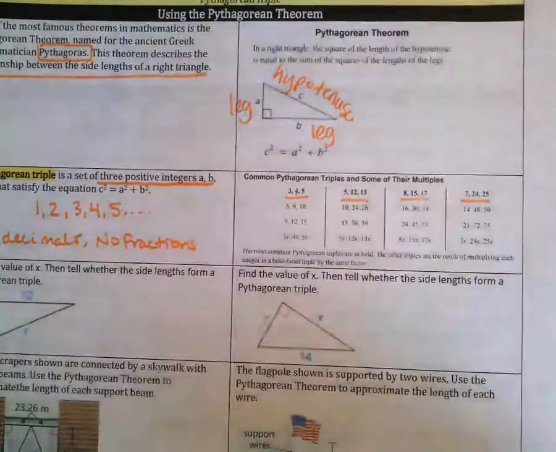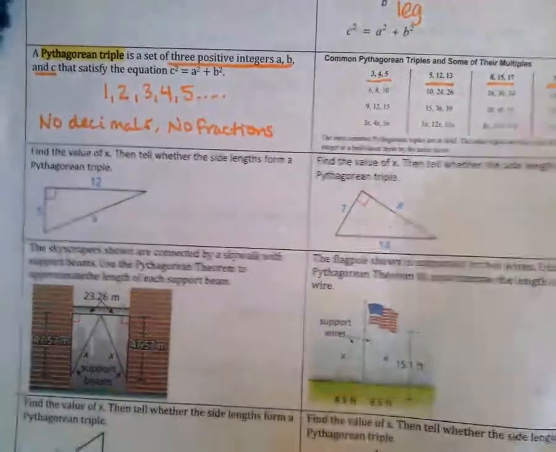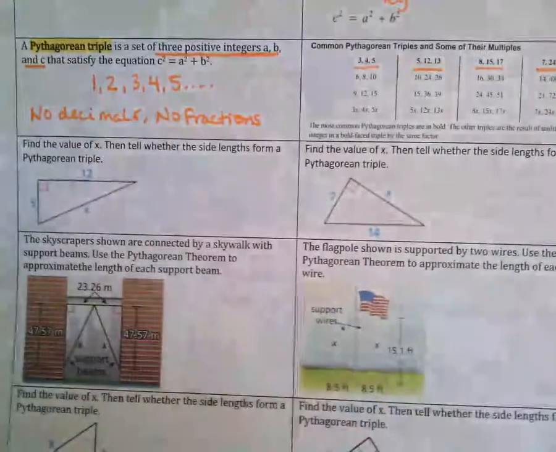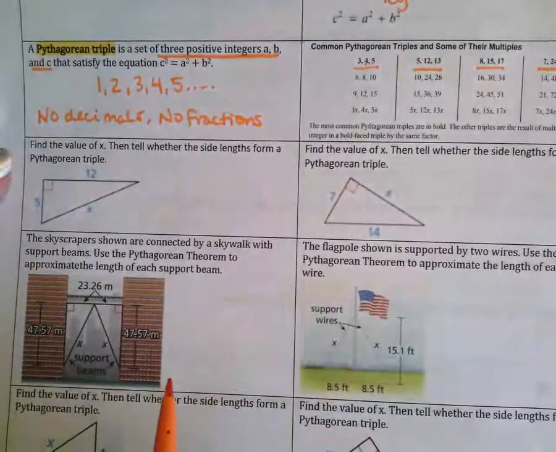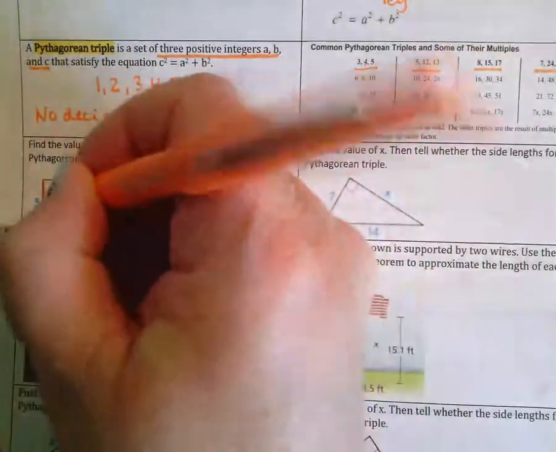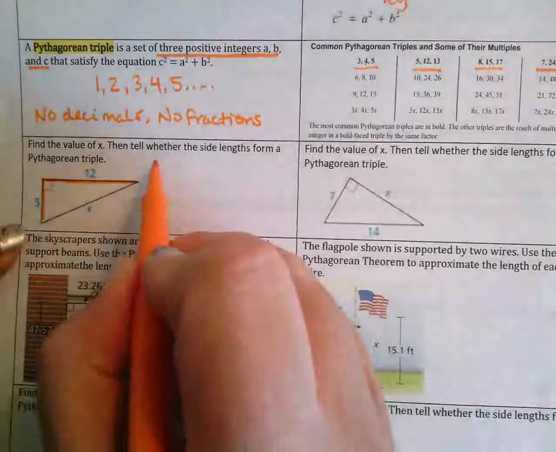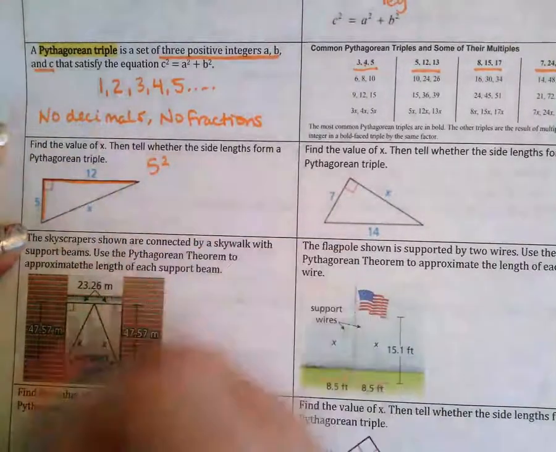So let's actually try it. Find the value of x and tell whether the side lengths form a Pythagorean triple. These are my legs right here and here, so those are added together and equal to the hypotenuse.